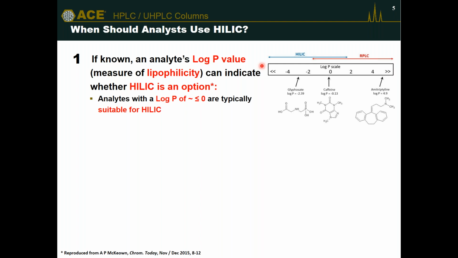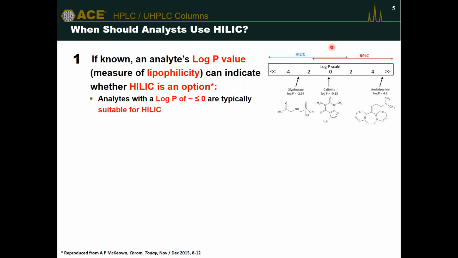You can see that the compound glyphosate is non-chromophoric and very polar, and has a log P of -2.39. We can see caffeine has a log P of around 0, and amitriptyline as a model pharmaceutical has a log P of around 5.